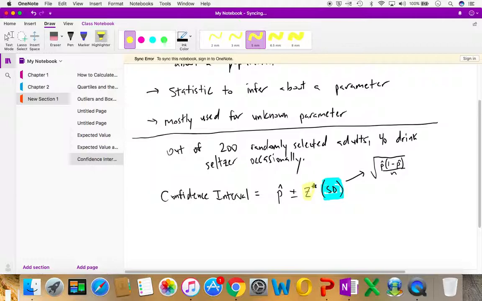Okay, and before we get into what z star truly is, I want you to think about if we were to calculate a 90% confidence interval, a 95% confidence interval, and we'll do all of these in a minute, and we'll say a 98% confidence interval.